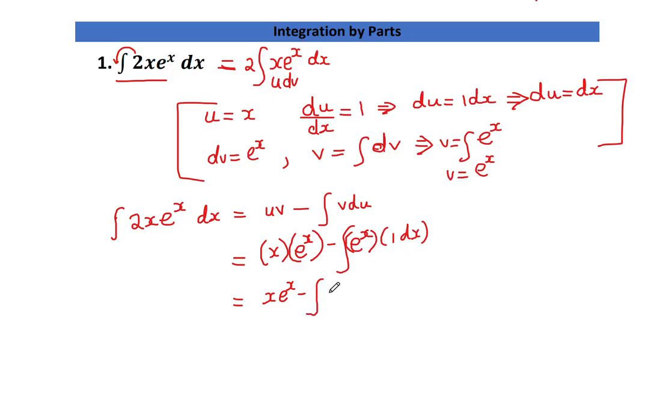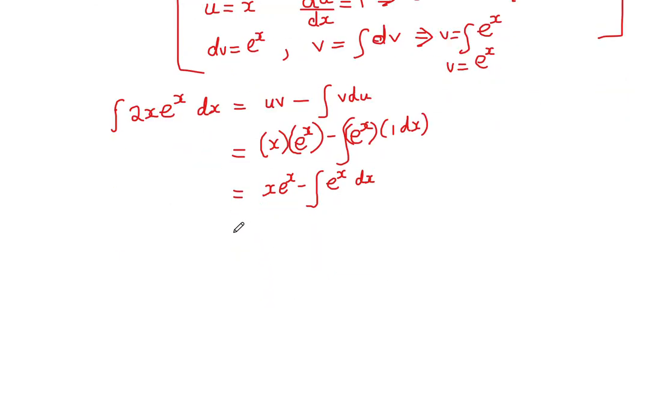now e to the x multiplied by 1 is going to be e to the x, and we are integrating with respect to x. So we end up with x e to the x minus the integral of e to the x, and the integral of e to the x, as I discussed earlier, gives us e to the x.